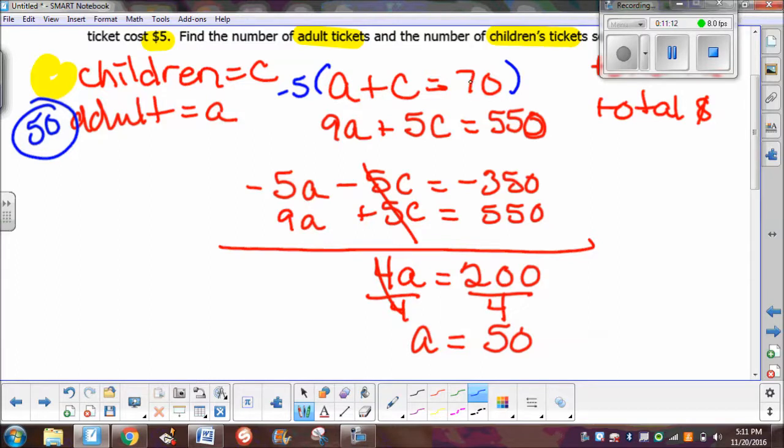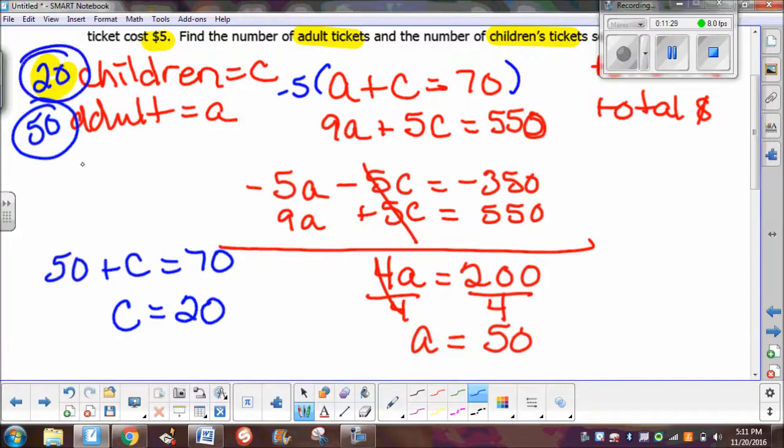And some of you are saying, it's 20, it's 20. I just subtract. Absolutely, that's totally what you do. So we've got 50 adult tickets plus how many children tickets would give me 70. We subtract 50 in our brain, and we get children's tickets to be 20. So if you can do those kinds of problems, you are going to do fabulous on the quiz.